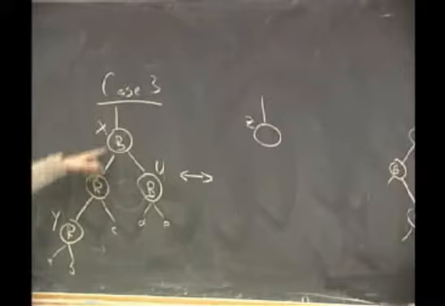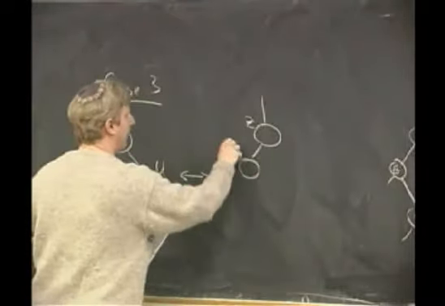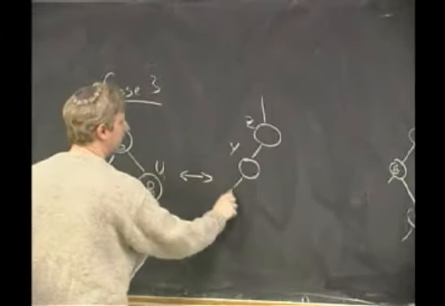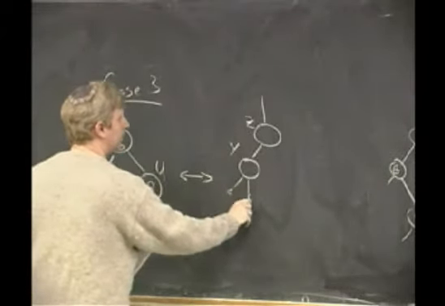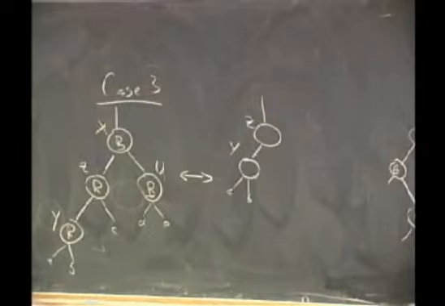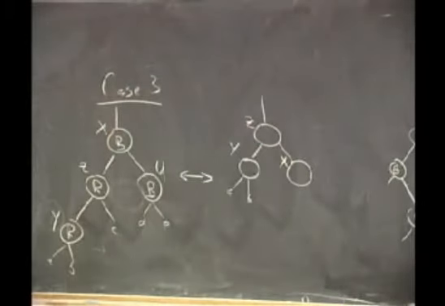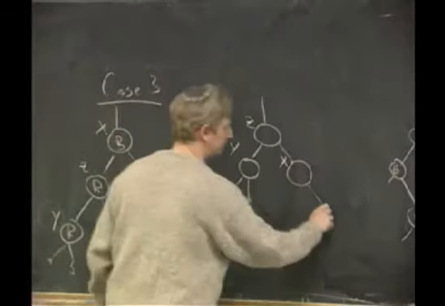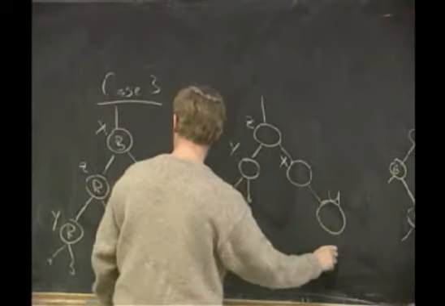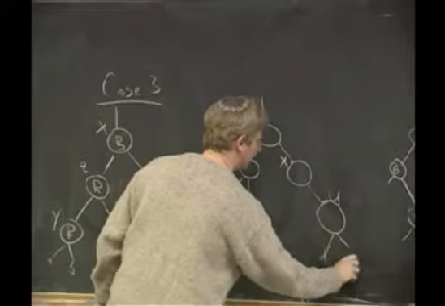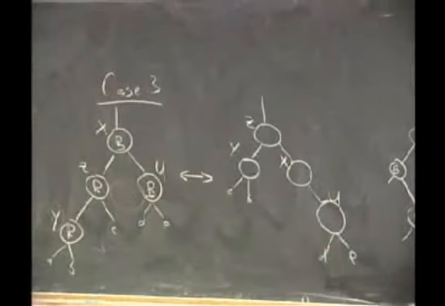What goes here to the left of Z? Y. And under Y is the same old A, B subtrees. What about to the right of Z? To the right of Z is the X, with U, D and E. What comes off the left of the X?